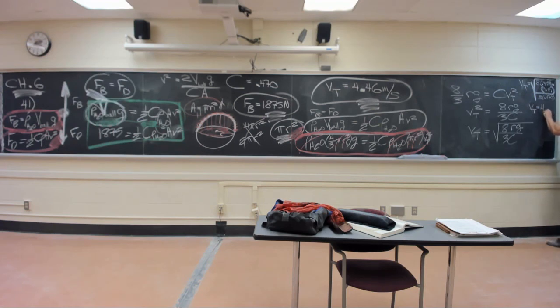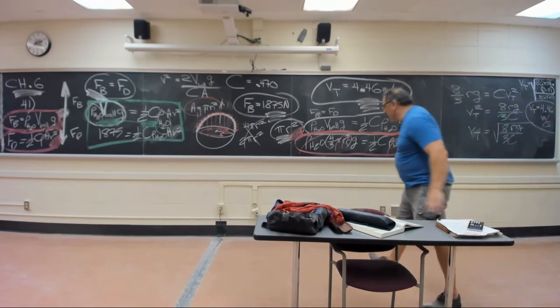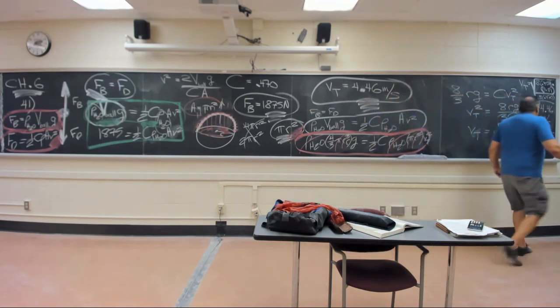Close enough, guys. Like I said, I think they rounded somewhere as well when they had done some of this stuff. That's not really the matter. The big thing here is we got it. Any way you go here.